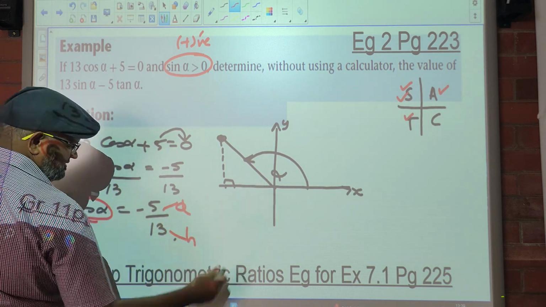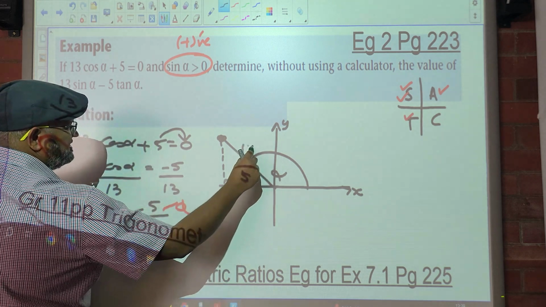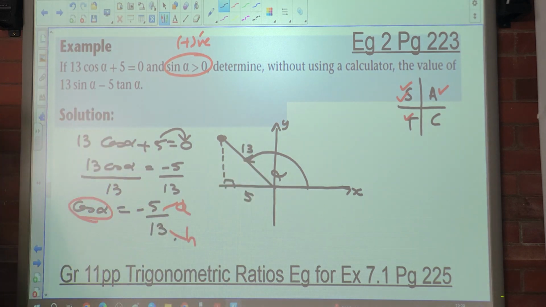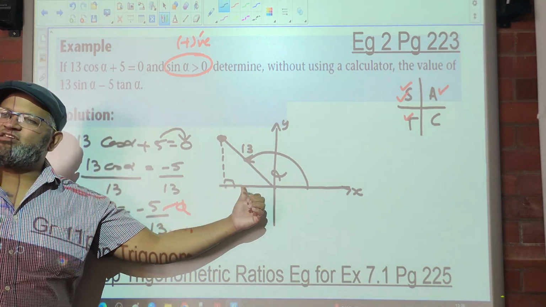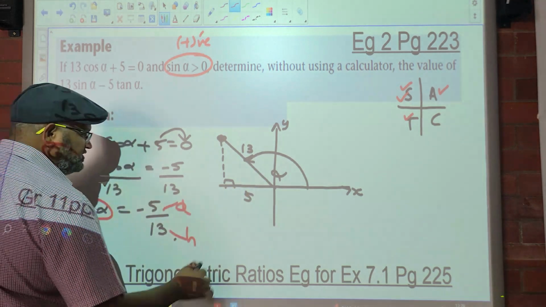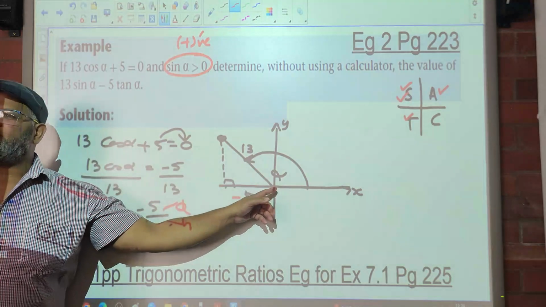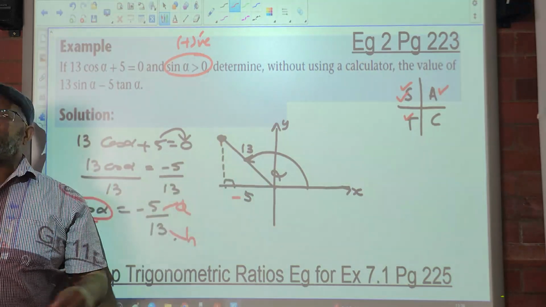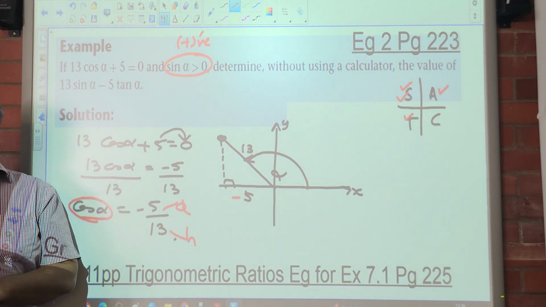Can you see that? So the adjacent is 5 and the hypotenuse is 13. But what do we notice? This is on the negative part of your x-axis. So that negative belongs to the 5. This 13 will never be negative. Why? Consider it as a length, your hypotenuse. You guys understand?